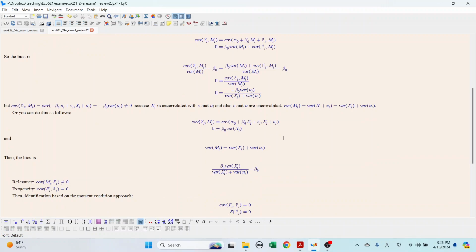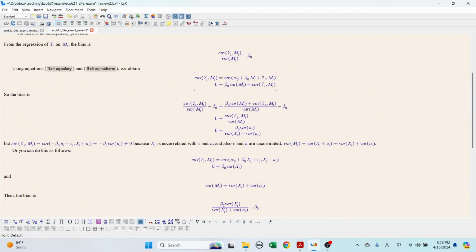It's up to you. And again, both are correct, but the main point is you are going to replace endogenous variables with underlying structural expressions, right? Express endogenous variables using underlying structures, okay? And then now we realize that there is a bias.